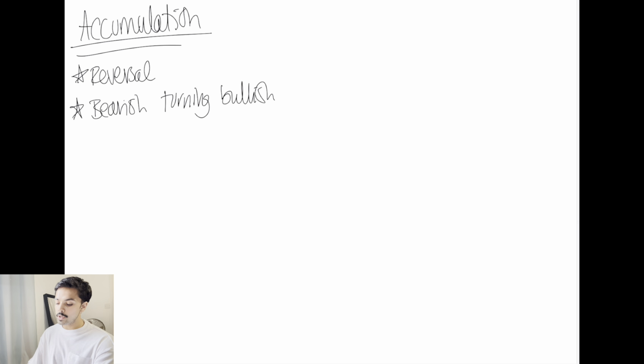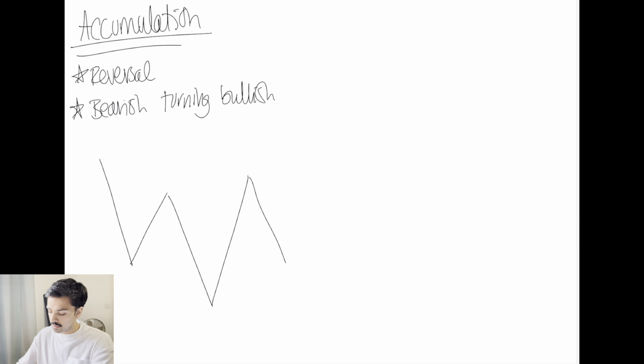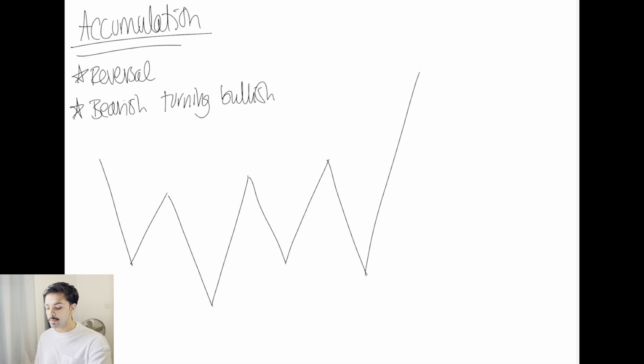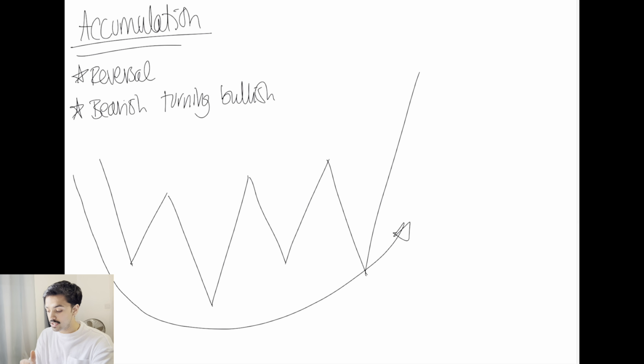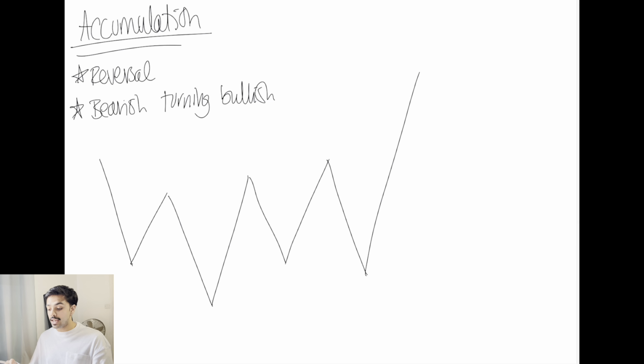Okay, so if we draw out, for example, just a little crude depiction of price there, you can see how we have bearish price turning bullish. Okay, so this whole diagram is actually a diagram of a lengthy accumulation process taking place. We've got bearish turning bullish, okay?